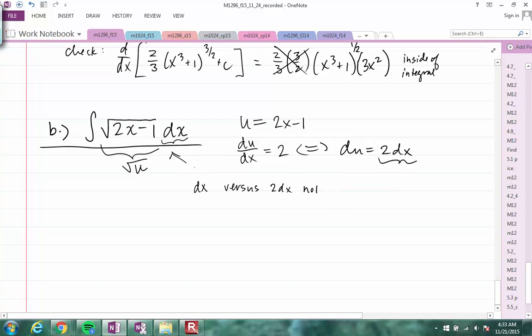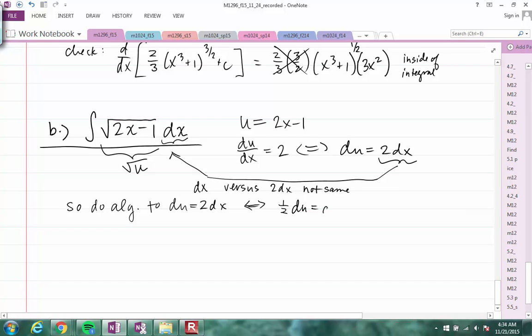Whoops, didn't mean to erase all that. So here's where that step comes in where you do algebra to this du equals 2dx, and if it just differs by a constant, you can actually fix this to work by just multiplying by half or dividing by 2.